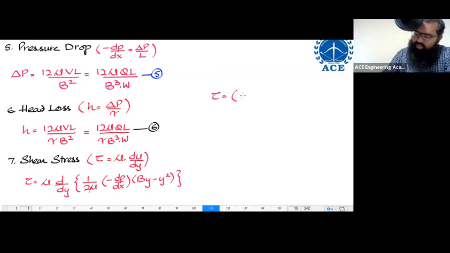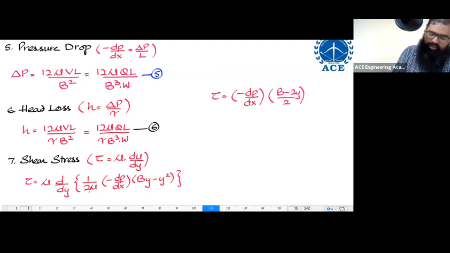So you have minus dp upon dx multiplied by b minus 2y, whole divided by 2. This is the equation of shear stress. Let me take it as equation 7.